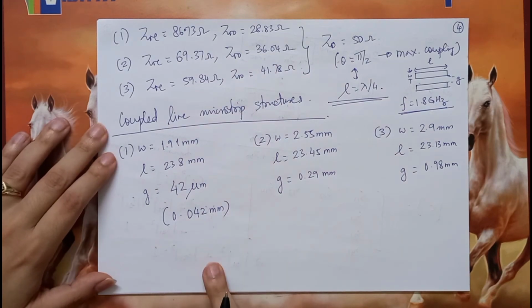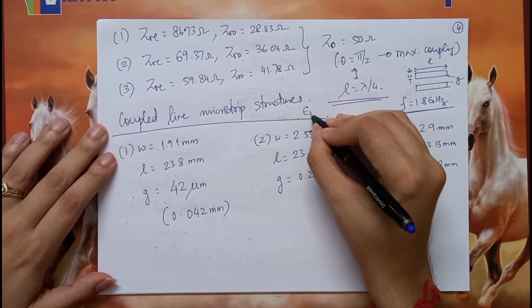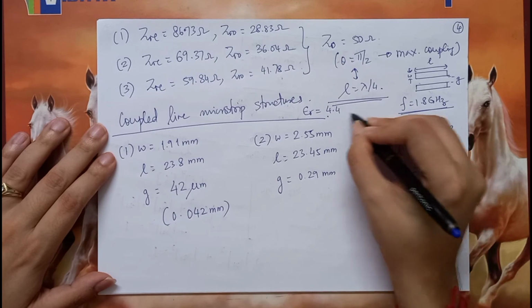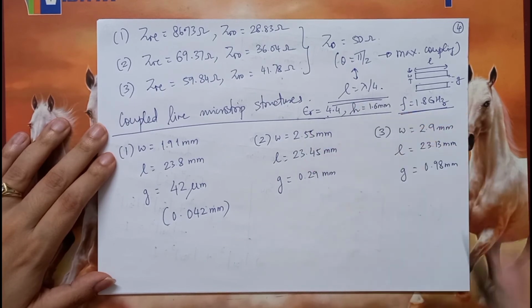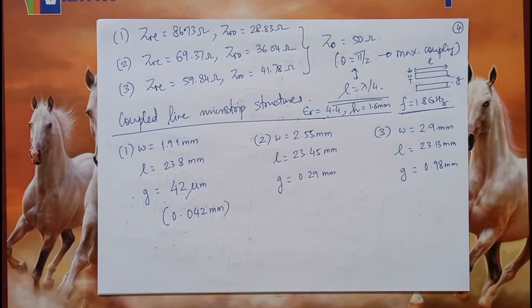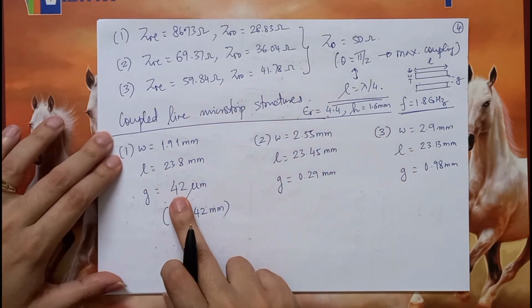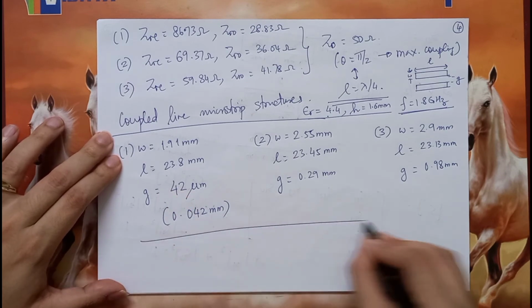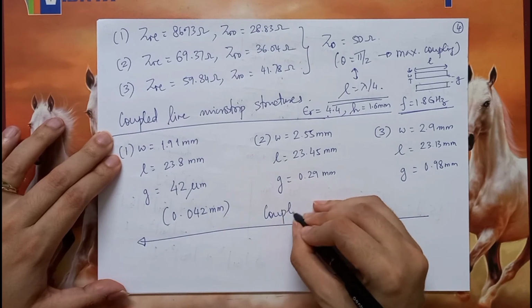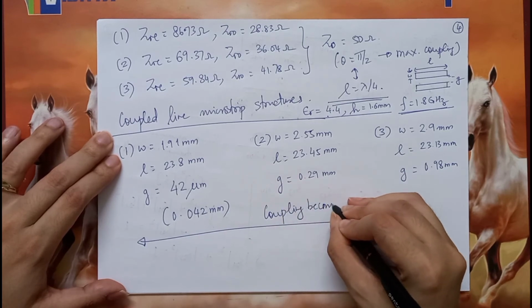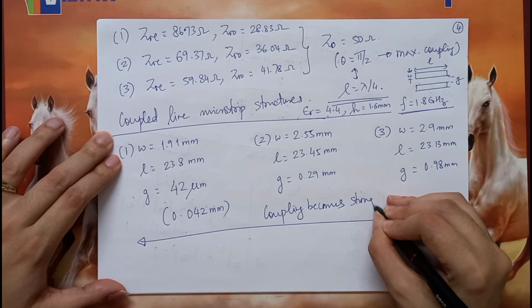Now all of these are for an epsilon r equals 4.4 substrate and the substrate height is 1.6 millimeters. Same variables which we had taken for microstrip. So what we are seeing, the gap is reducing between the two conductors. So if I am going left, that means coupling becomes stronger.